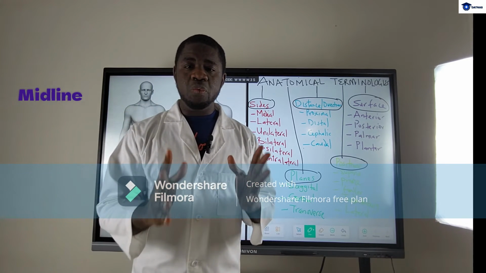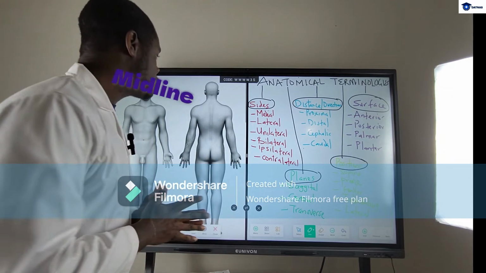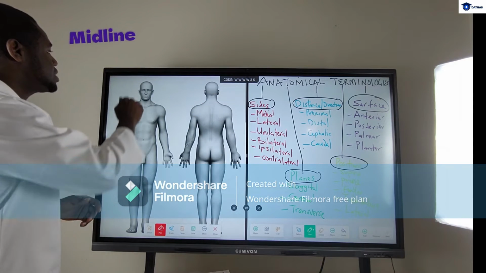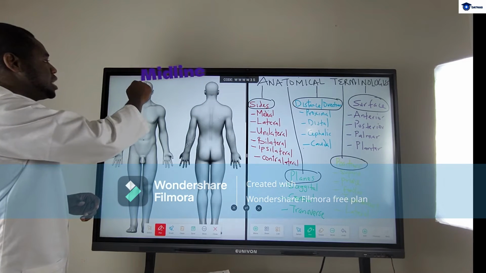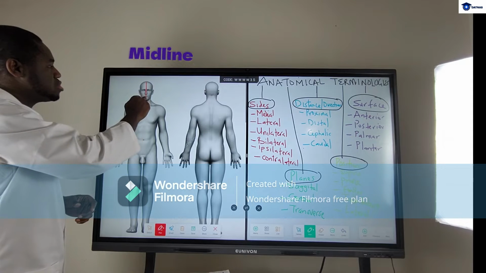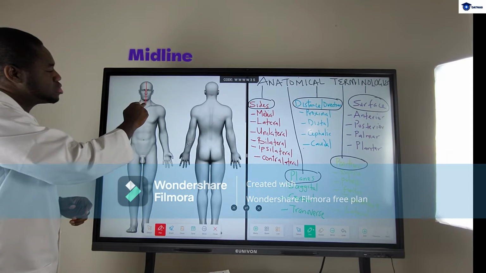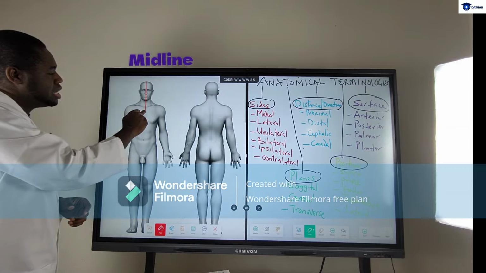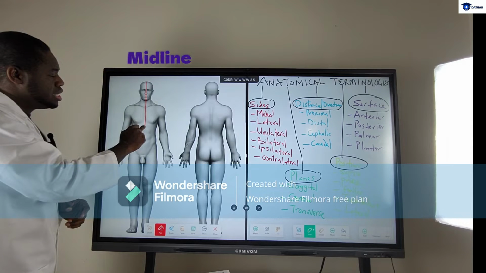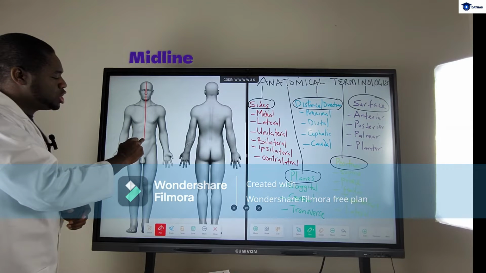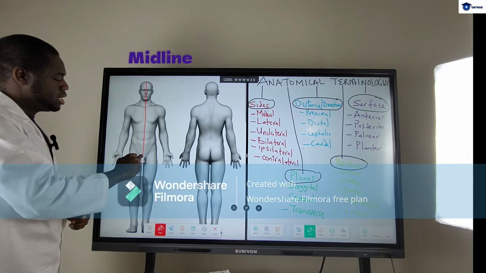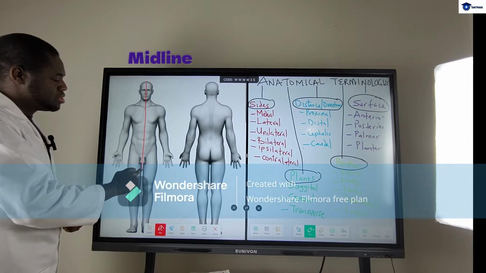If we want to illustrate that on the screen, our midline is from the forehead, passing through the nose, the middle of the mouth, the middle of the neck, the middle of the chest, down to the abdomen, touching the umbilicus, and to the pubic organs.